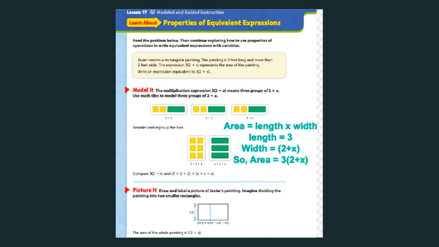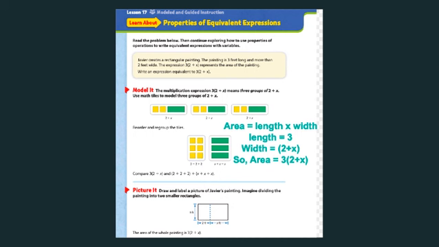Problem 14 says compare 3 times the 2 plus x to the equivalent expression that you just put in problem 13. Hopefully, they're equal. And what property did you apply? It's the property we've been working with. It starts with a D. Hope that helps.